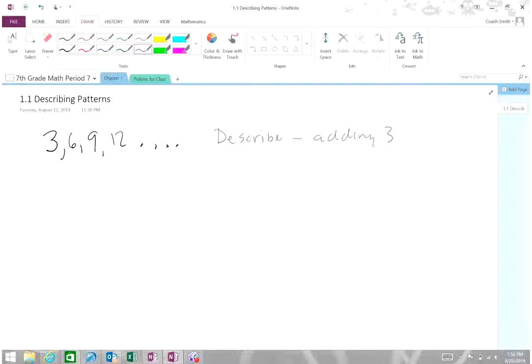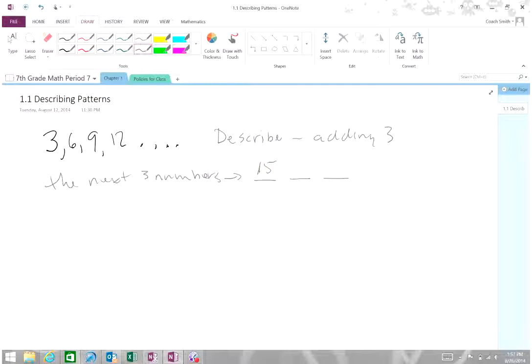Not only are we going to describe the pattern, but we're also going to extend the pattern. Okay? We're going to extend it to the next 3 numbers. So the next 3 numbers or values would be, what would be the next one, Jesse? Next number is 15.